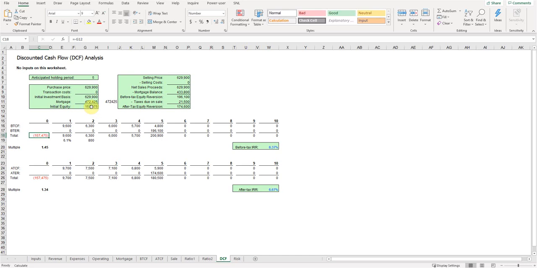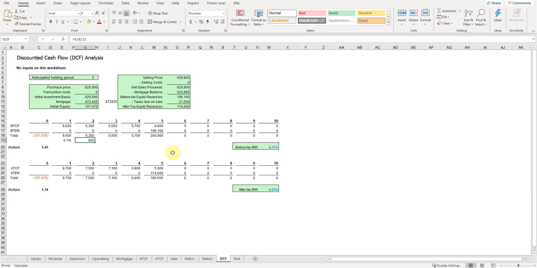You're putting up a down payment of $157,475, which equates to about $10,000 of annual income. Due to amortization of the loan and the mortgage, you're going to have some capital appreciation in here of about $40,000. On a monthly basis, this is only $800 of monthly income.